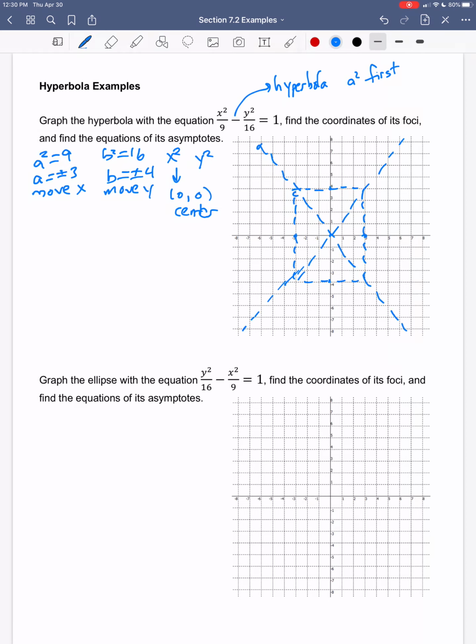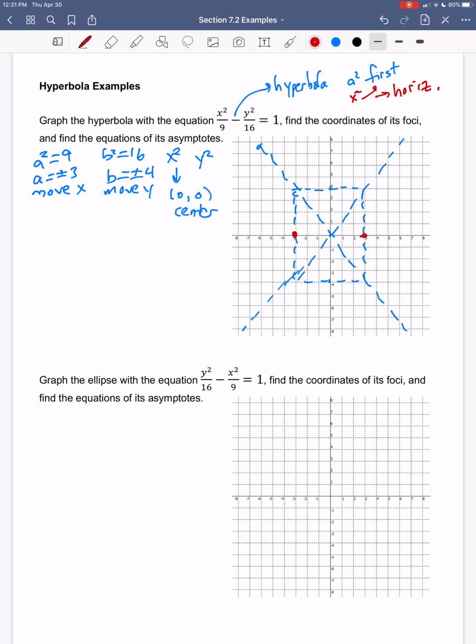Looking back here, a squared was first, and that's with my x. So x squared is also first, which means it's going to be horizontal. My hyperbola is going to start horizontally from the center. So I move over here, those would be the vertices.